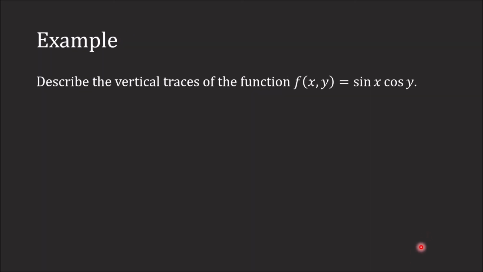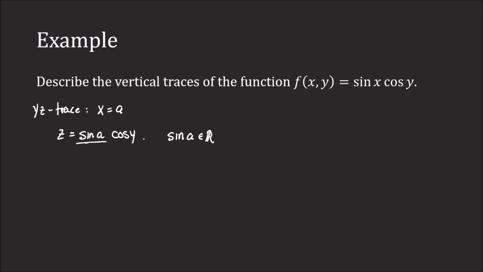So let's describe the vertical traces of the function sine of x times cosine of y. Alright, so if we look first at the yz trace, we set x equal to some constant a. Then z would equal sine of a times cosine of y. But this sine of a is some constant, right? Because a is a constant. Well then, these are just cosines, right?